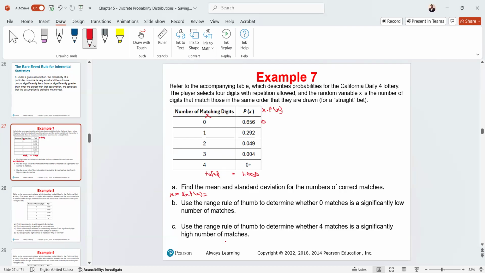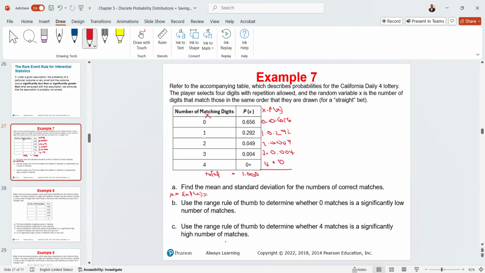So that means take X, multiply it by P of X. So you're going to take 0 times 0.656, 1 times 0.292, 2 times 0.049, 3 times 0.004, and 4 times 0, okay?